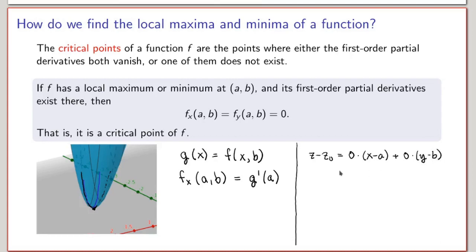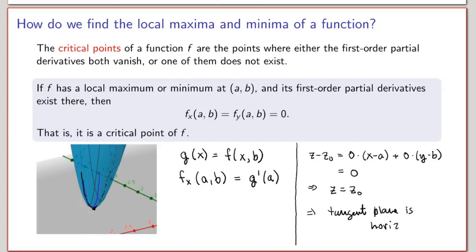And of course, the right-hand side here is simply 0. So we conclude that the tangent plane here is given by the equation z equals a constant z naught. So in other words, the tangent plane at this point is horizontal.